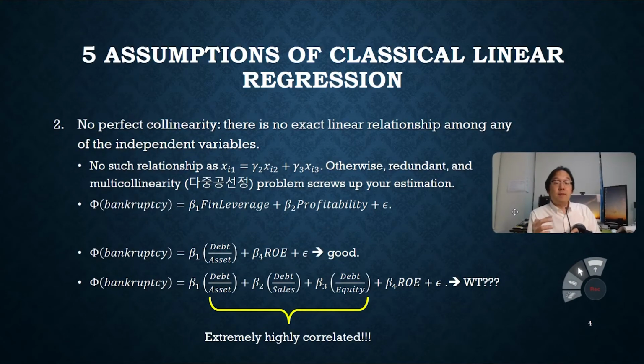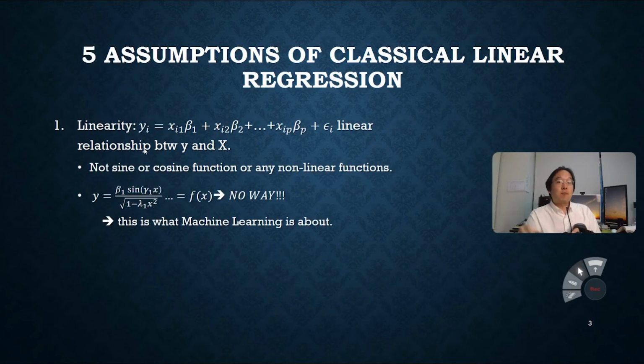Now, number 2 assumption, well, there's no perfect collinearity, right? As I said, this is a linear model, right? Linearity assumption. Those of you who are familiar with linear algebra, 선형대수, right? This is basically it, right? Linear algebra. Those linear combinations, right?